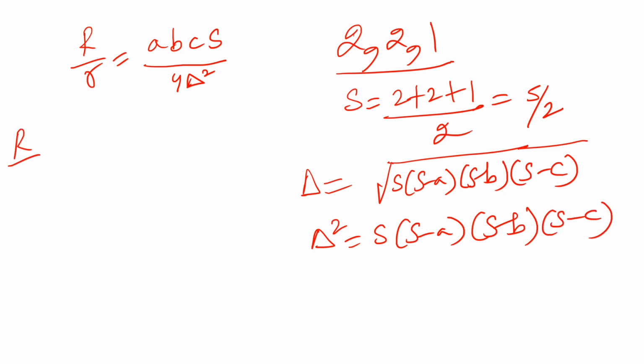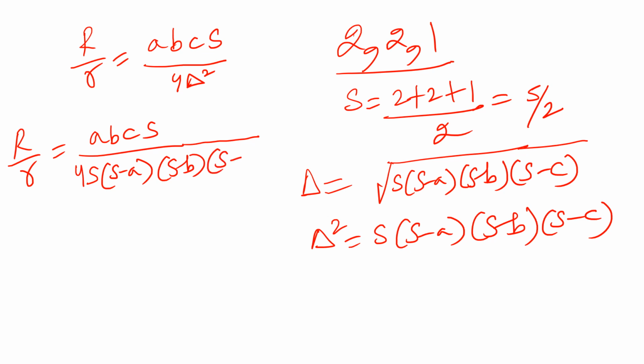So from here, what do I get? I get capital R upon small r as ABCS divided upon 4S, S minus A, S minus B, S minus C. So obviously this S will cancel out up and down.